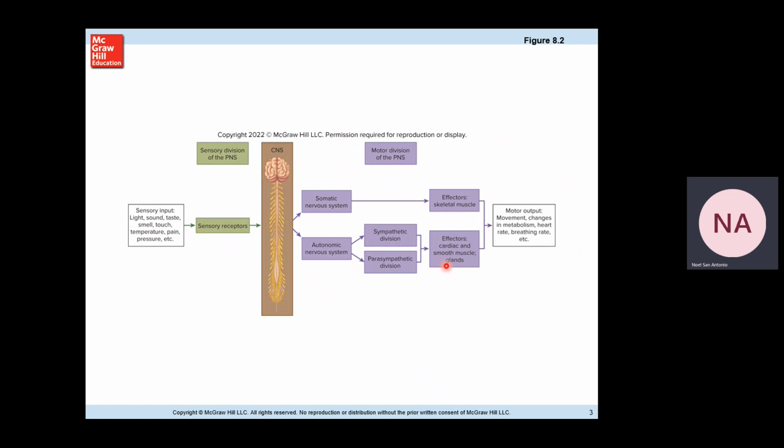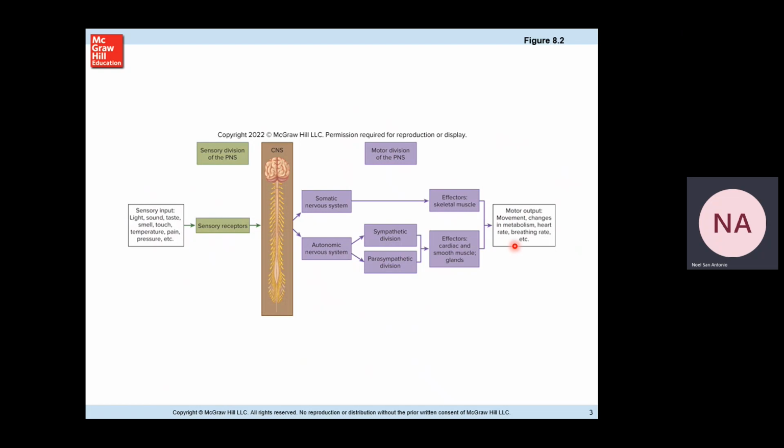And again, both of them will have the same output, which is movement, changes in metabolism, heart rate, breathing rate, and so on. So that's how our nervous system functions basically.